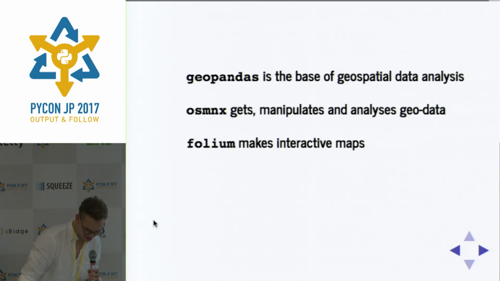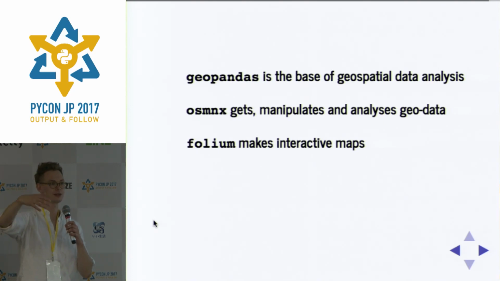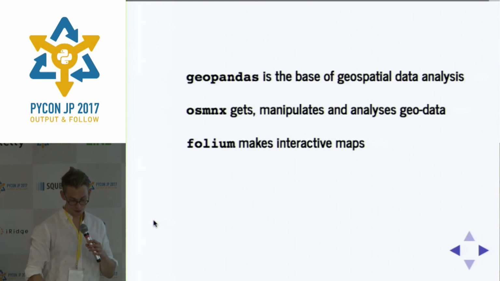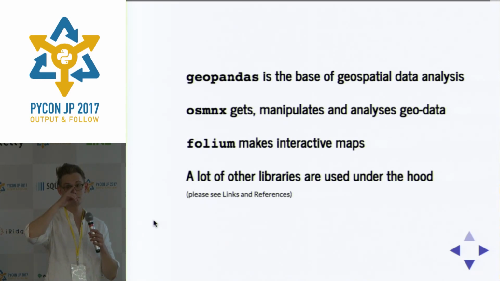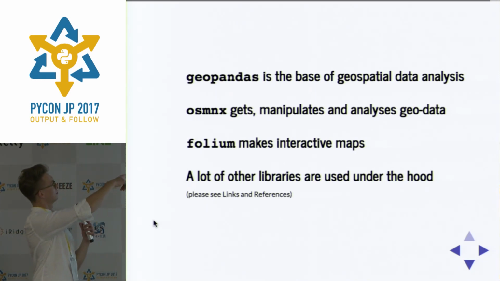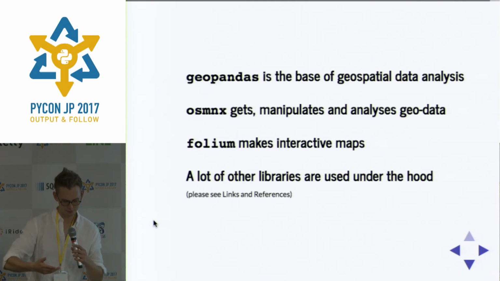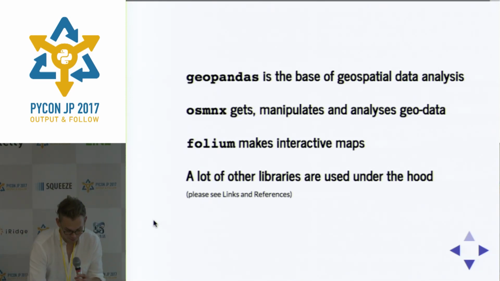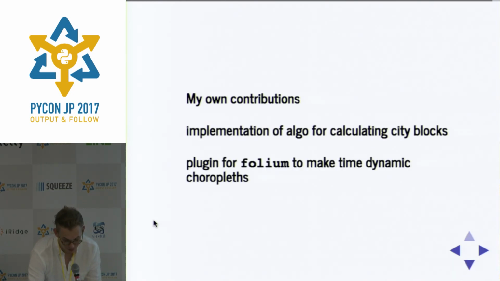The second library, OSMnx, which you can use to download and manipulate the street graph. And then finally, Folium for making interactive maps. But just remember, there are a lot of other libraries being used by these 3 libraries, and for the more advanced use cases, you really have to dig into those libraries as well. And then my own contribution, I implemented the algorithm and made the Folium plugin.